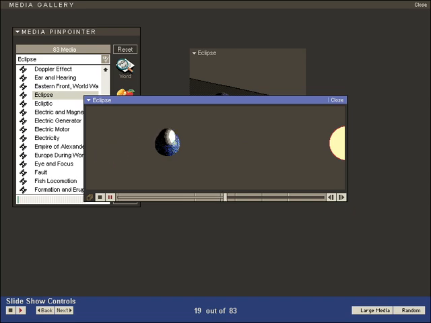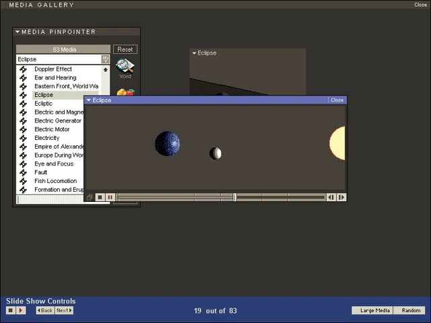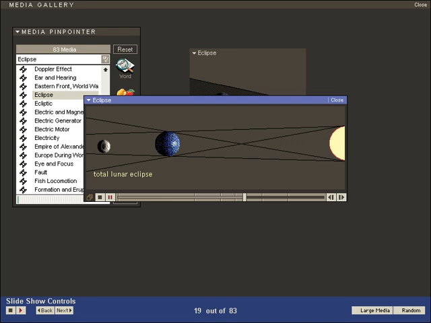On rare occasions, the moon moves directly between the sun and the earth, blocking sunlight from reaching the earth. For a few moments, people standing at certain places on the earth can see a total solar eclipse. When the moon is on the opposite side of the earth from the sun, we see a full moon. At certain times, the moon passes directly through the center of the earth's shadow, or umbra. Then the full moon appears dark.